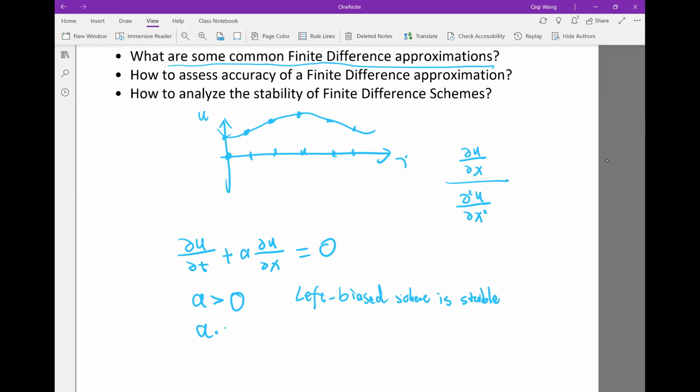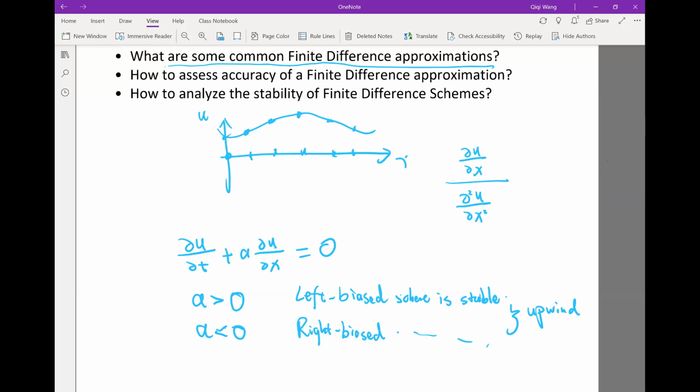If a is less than 0, the wave travels towards the left, and the right biased scheme is stable. So this concept is called upwinding. You want to use a scheme that is biased towards the upwind direction.